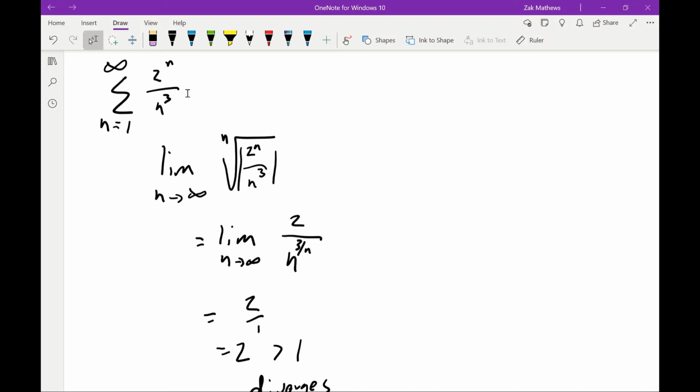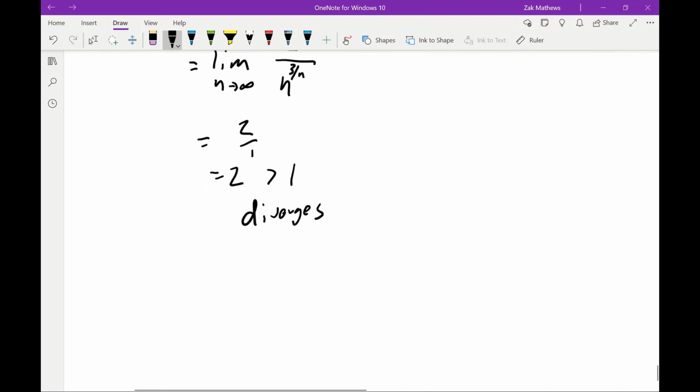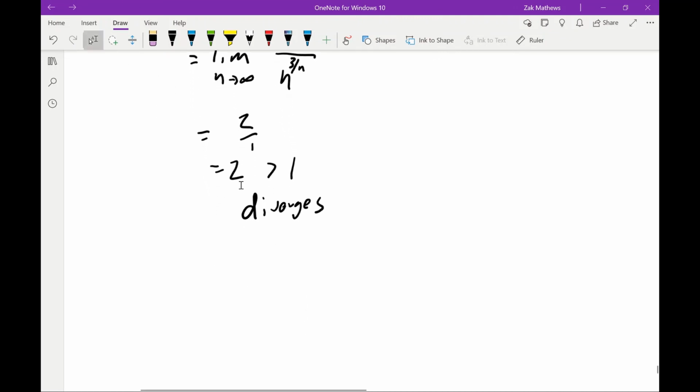Well, if it's going to 0 and we flip it over, then we have a 0 in the denominator. That tells us that this has to be going to something other than 0. So it would have been much, much faster to use the nth term test for divergence here. This is going to infinity. So that would have been a one-step process, but we'll just rely on our result from the root test.